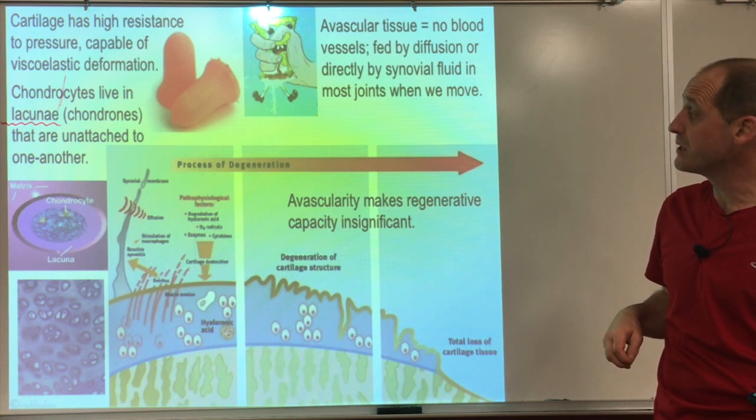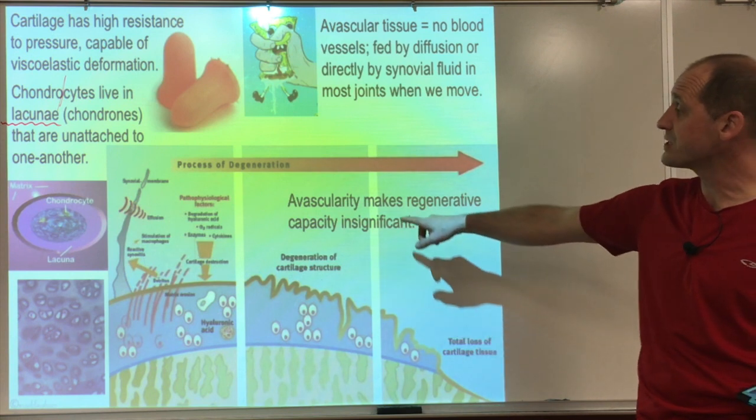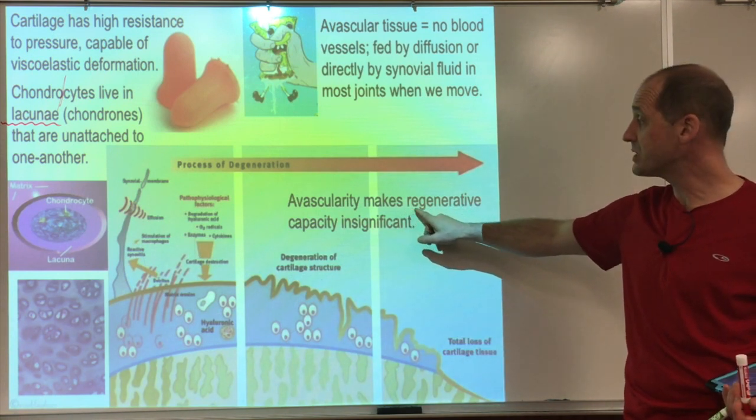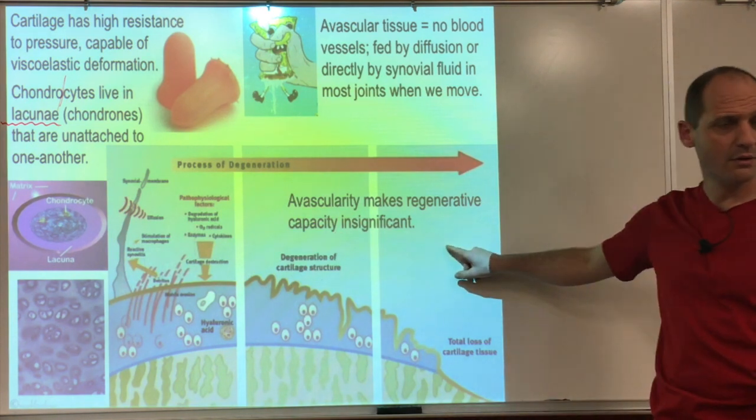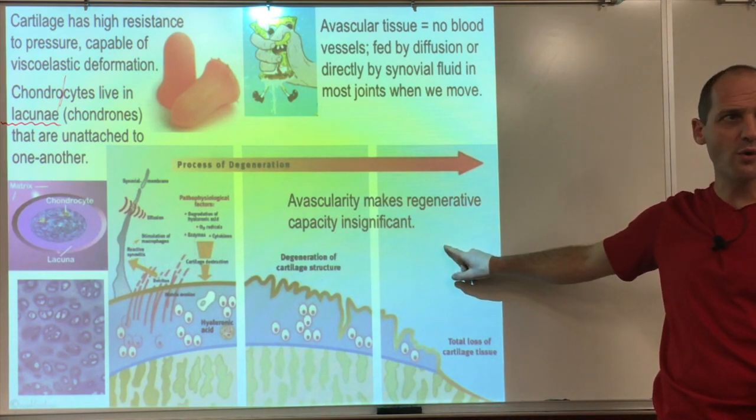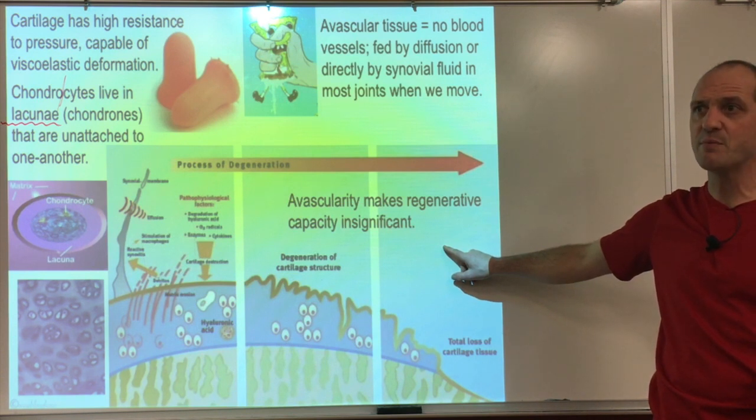That's very, very important because avascularity makes regenerative capacity of cartilage insignificant. Which means when it's broken down, it's broken down. So in the old days, they'd say to somebody with bad knee cartilage, don't walk, don't abuse it, keep it.